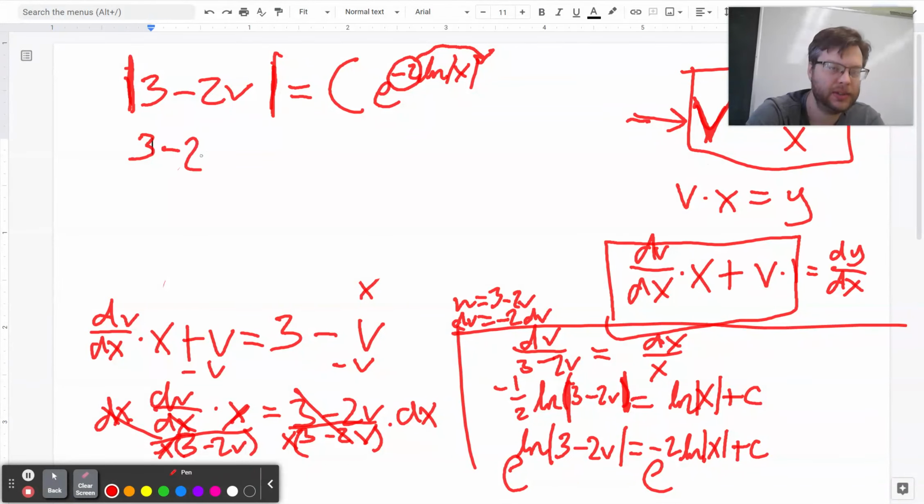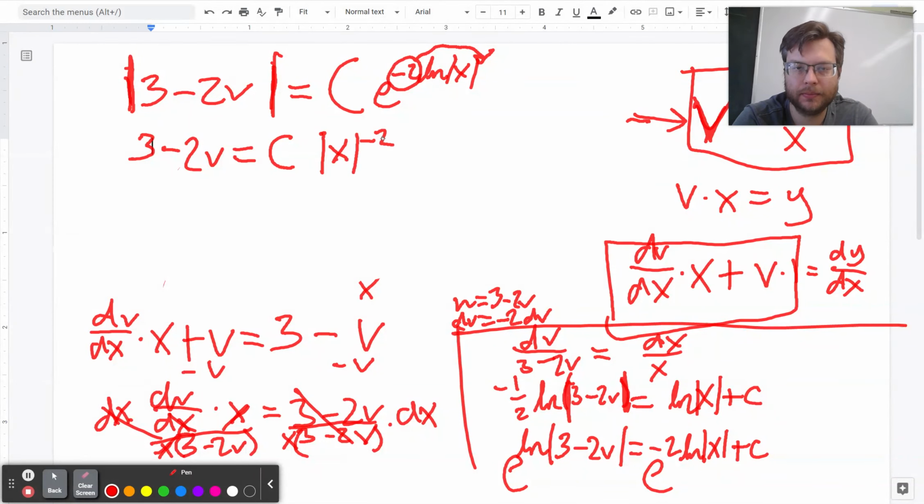So I have 3 minus 2v equals c. E to the natural log cancels out. So I have absolute value of x to the negative 2. So then I can isolate v. So I'm going to subtract 3.